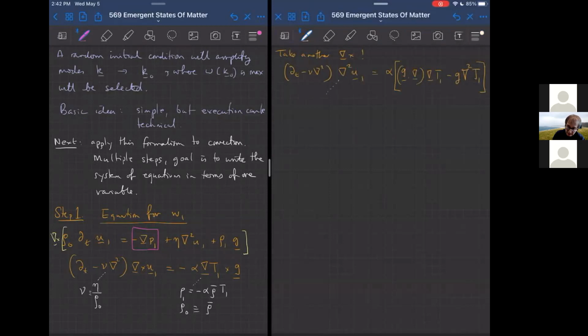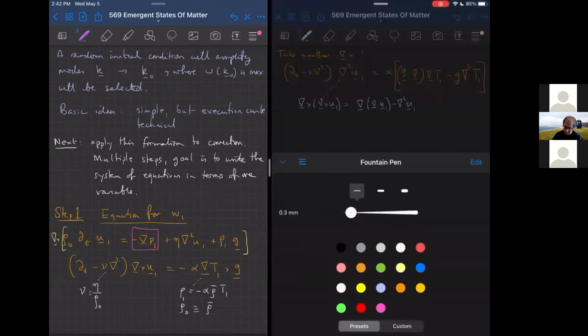This came about because curl of curl of U1 is equal to grad div U1 minus del squared U1. That's just a vector identity.